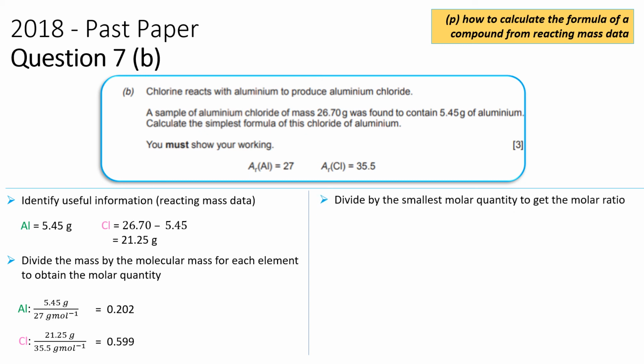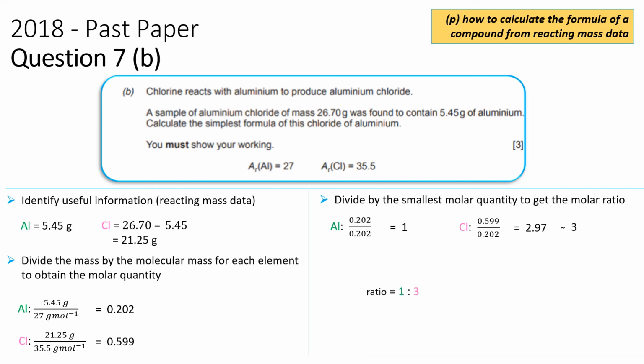The smallest molar quantity out of the two is aluminium, 0.202. So for the next step, you divide 0.202 by 0.202 and you get 1. And for chlorine, you divide 0.599 by 0.202 to get 2.97, which is almost equal to 3.